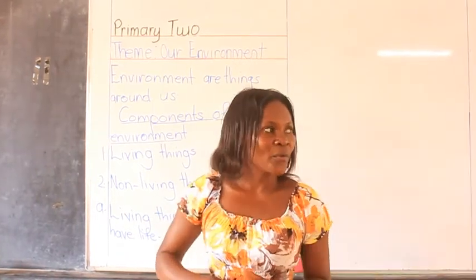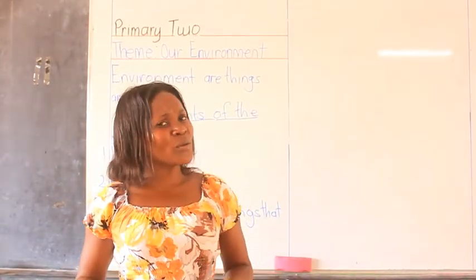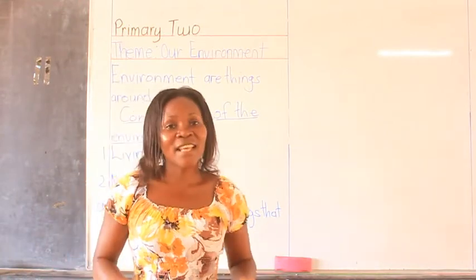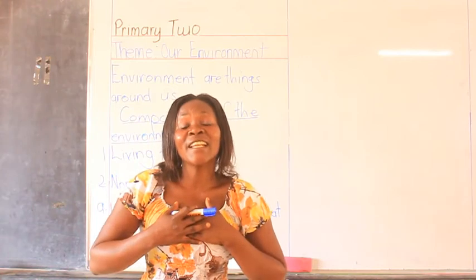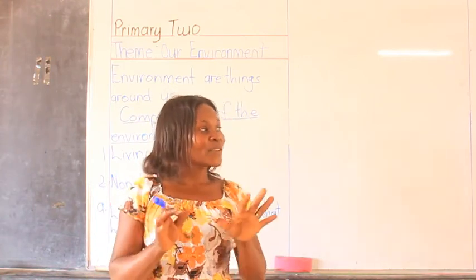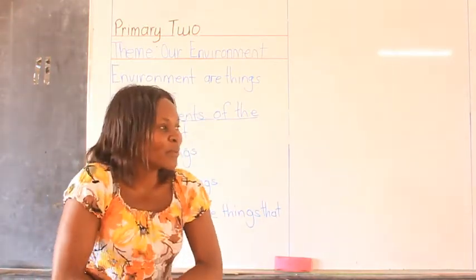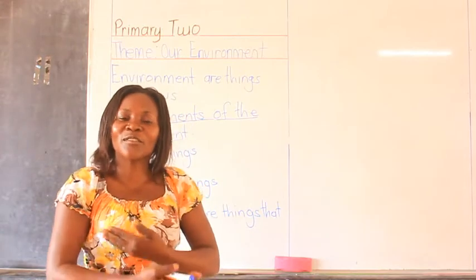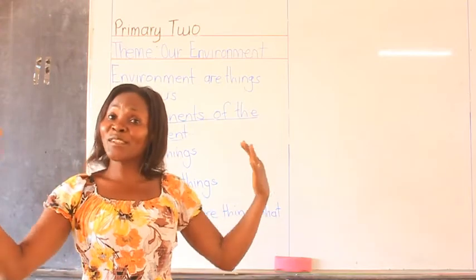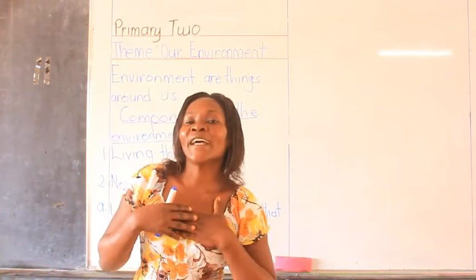Now children, we want to give out examples of the living things. What do we mean when we say things that have life? These are the things that are like me. They can feed. Those living things can grow from childhood, like a baby grows, then becomes a child in nursery, then P1, then primary 2, just like you are, and then grow and become adults like me.